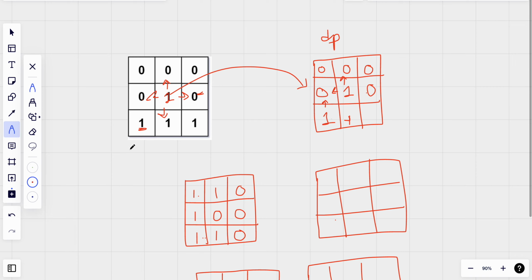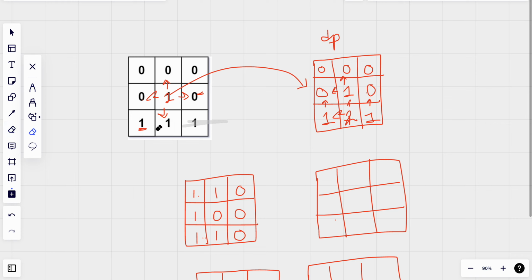Similarly for this cell, we look at its adjacent cells, and these two cells are 1, so this gives us a result equal to 2. And similarly for this one, we look at its adjacent cells, and since one of them is 0, the distance will be 1. 0 plus 1: we are taking the minimum of 2 and 0 and adding 1 to it.